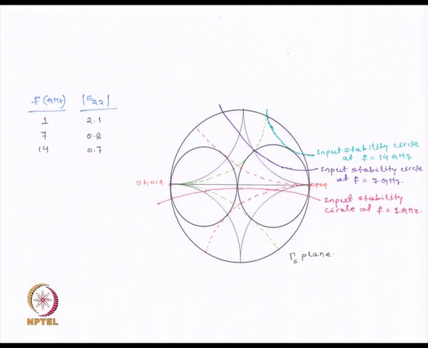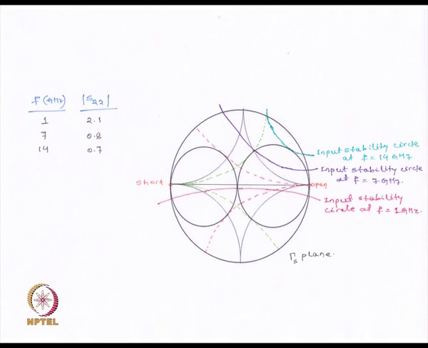Now let us see, at 14 gigahertz, we see that the modulus of S22 is lesser than 1. Hence, for 14 gigahertz, all regions outside this input stability circle must be stable. For f equal to 7 gigahertz also, we see that S22 modulus is lesser than 1. Hence, all regions outside this input stability circle must be stable.